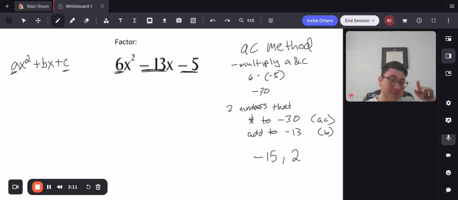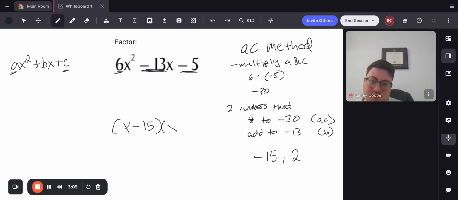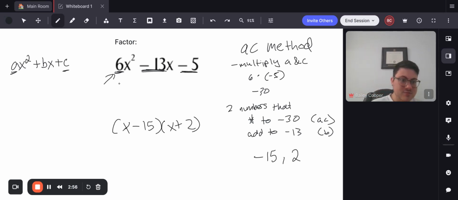So here's where it gets a little tricky, because a lot of people do this. A lot of people say, okay, so then my factors are x minus 15 and x plus 2. However, that is not correct. The reason is this nasty 6 in front of the x squared.